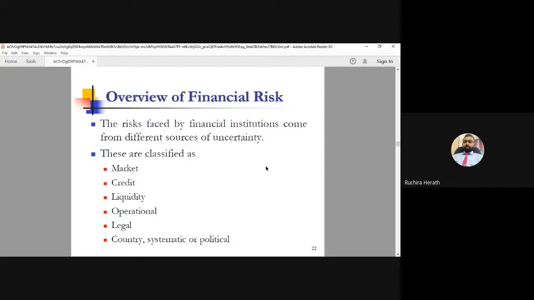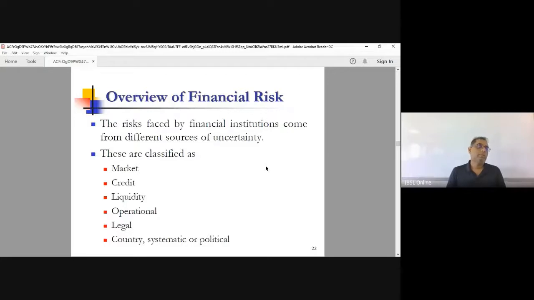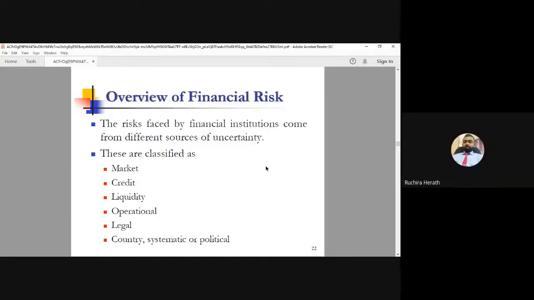Risk of not being able to pay an obligation on time. That's from your side, but what's the liquidity risk the bank has?